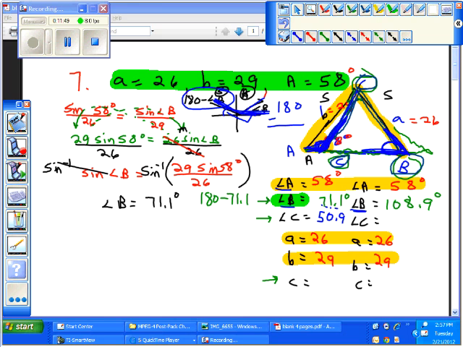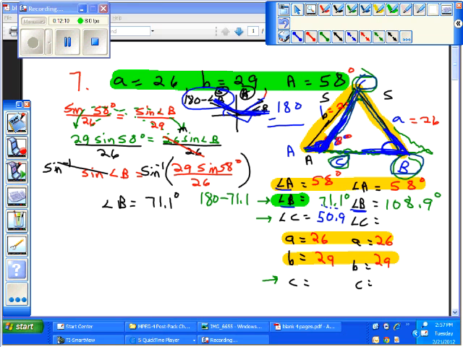That is an angle in quadrant 2 whose reference angle is 71.1 degrees. Now, if you were to go to your calculator, the sine of the same number, both positive, will give you 71.1 and 108.9.